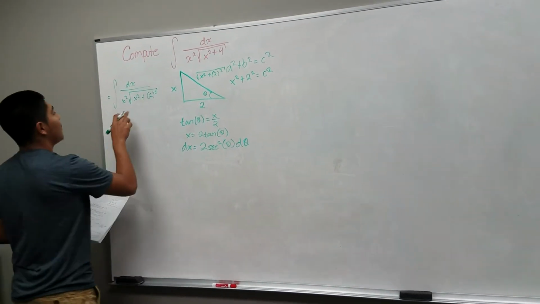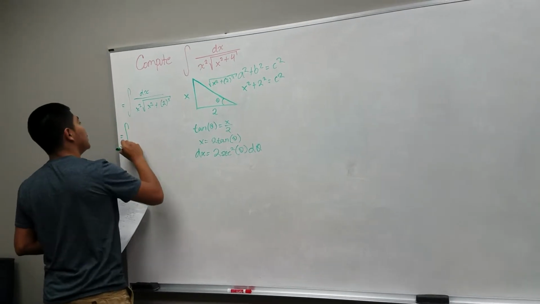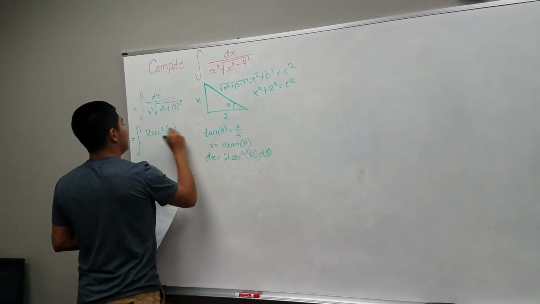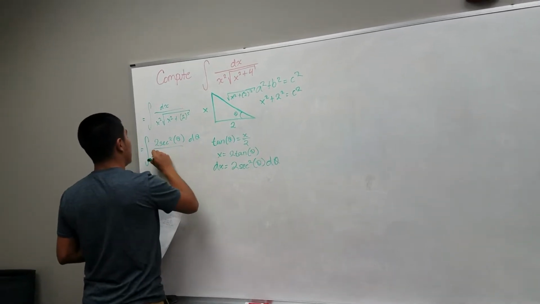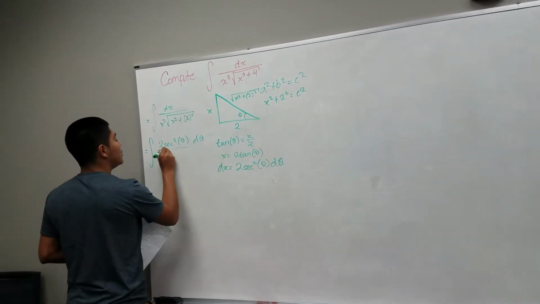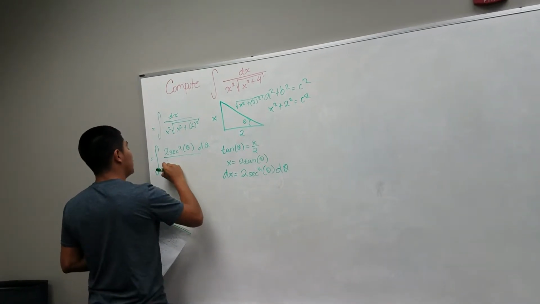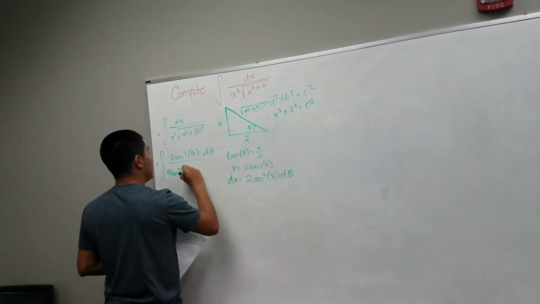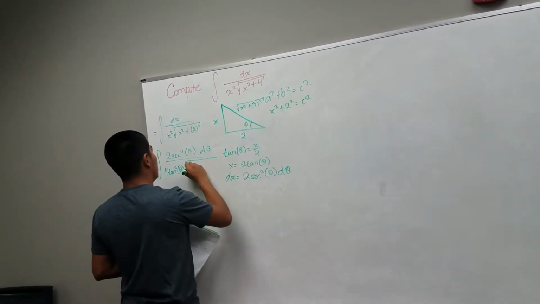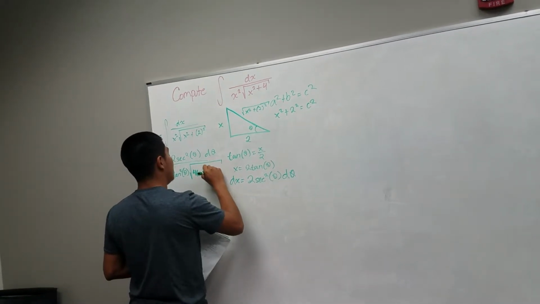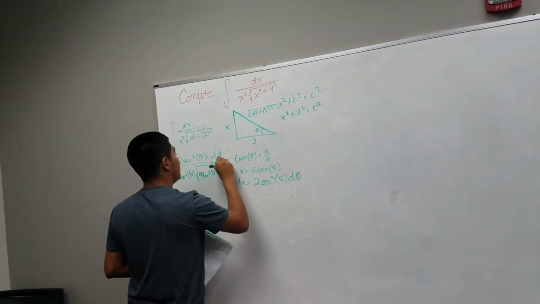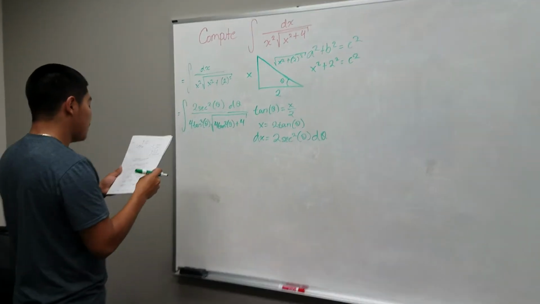Once we do that, we can plug everything back in over here, which will give us the integral of 2 secant squared of theta d theta divided by x squared, which we replace and square, so that's going to be 4 tangent squared of theta times the square root of 4 tangent squared of theta plus 4. Now everything is in terms of theta.